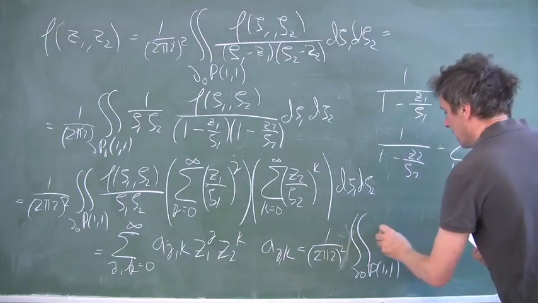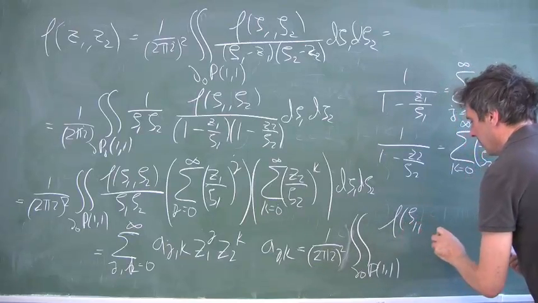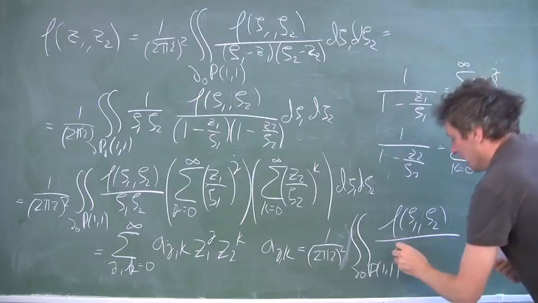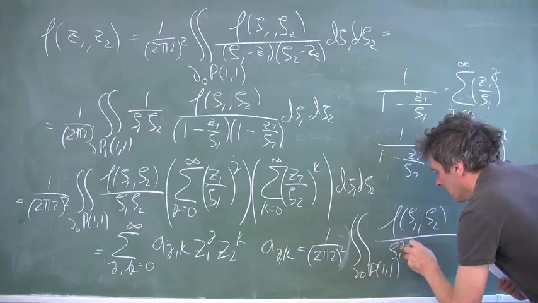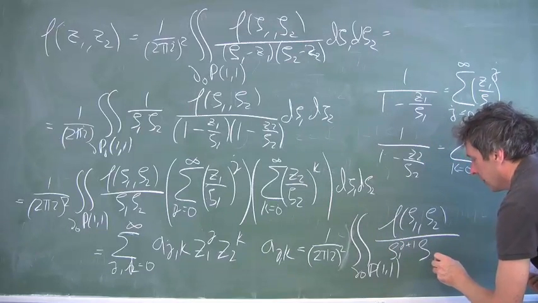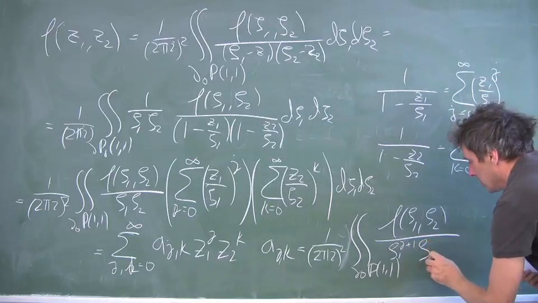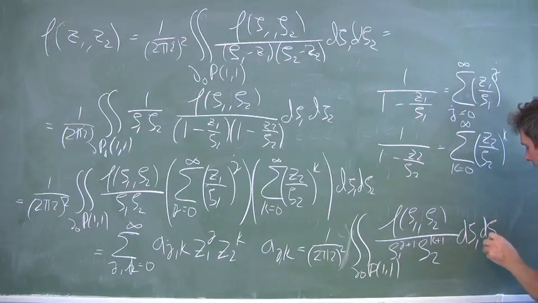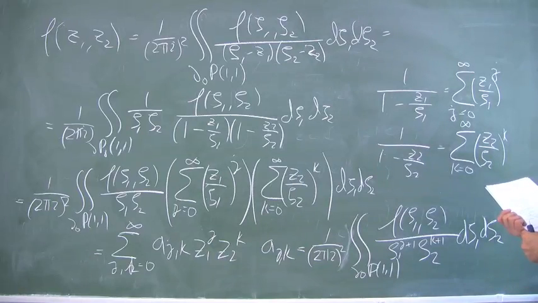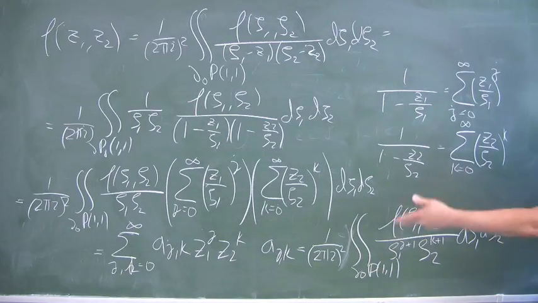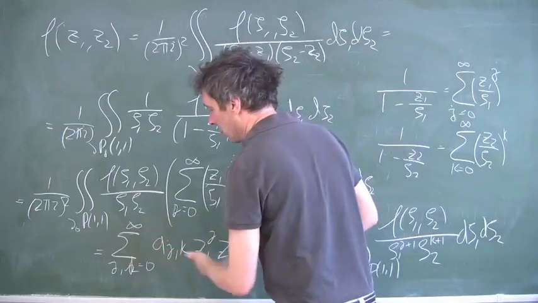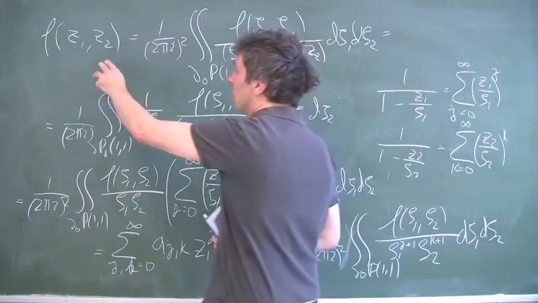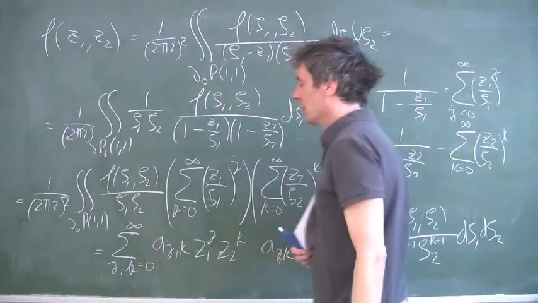What you get is up here f of zeta 1, zeta 2, divided by zeta 1 to the power j plus 1 times zeta 2 to the power k plus 1, d zeta 1, d zeta 2. So you see here we get a power series expansion for more or less an arbitrary analytic function, if it's just analytic in this polydisk.